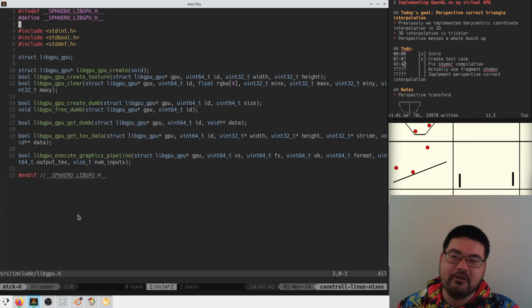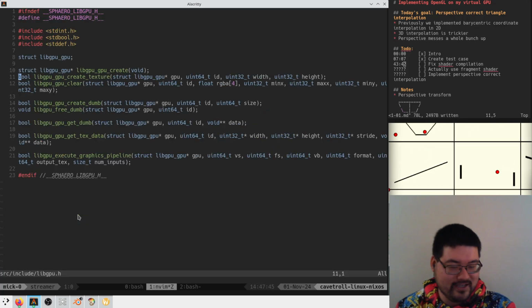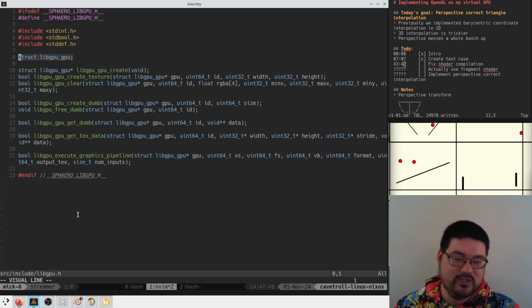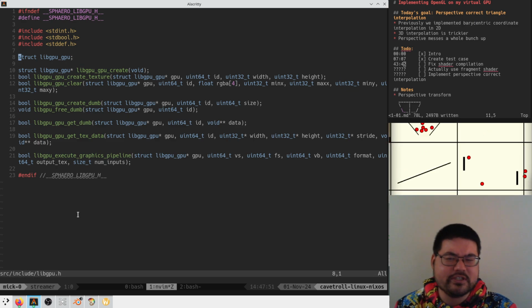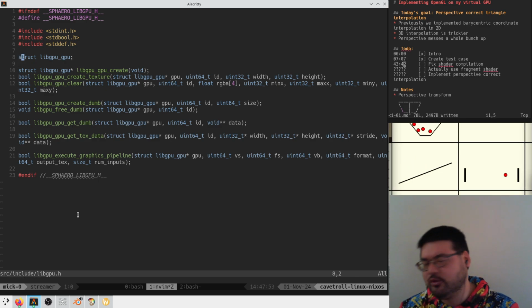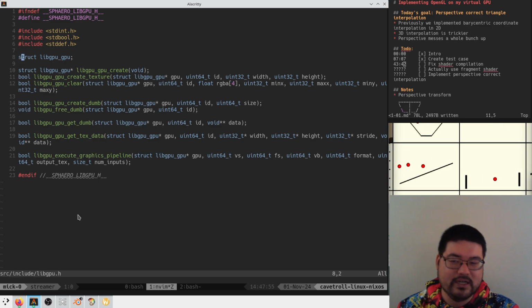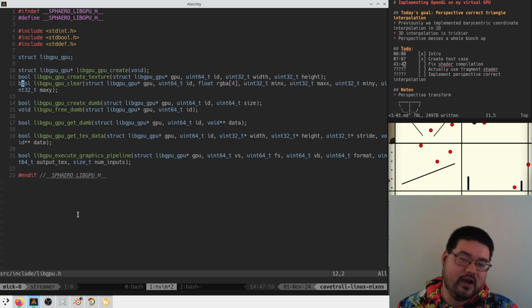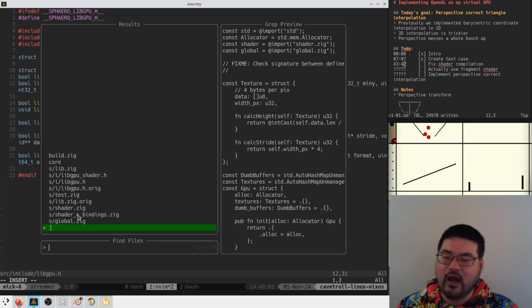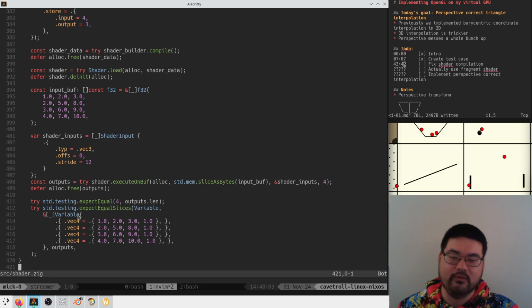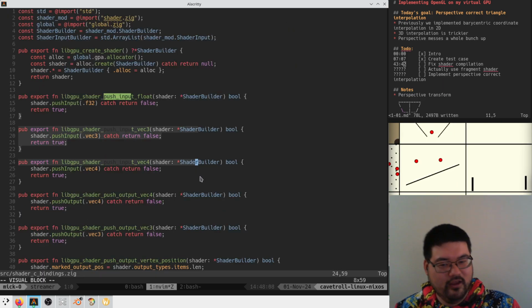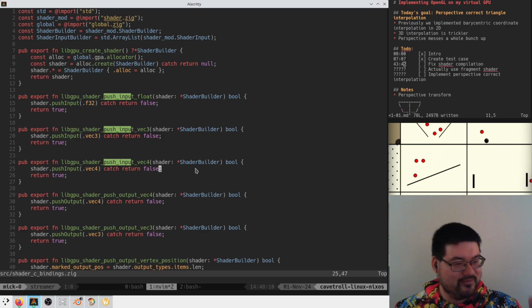I'm doing what I like to call link time casting, right? So I define here that there's a struct libgpu. And this thing doesn't actually exist, right? But in normal C, you would implement this struct in the implementation file, and then your APIs would take in that thing. I just cheat and say, well, he's going to pass in a pointer, so I'll just make that pointer a Zig type here, and then not think about it.